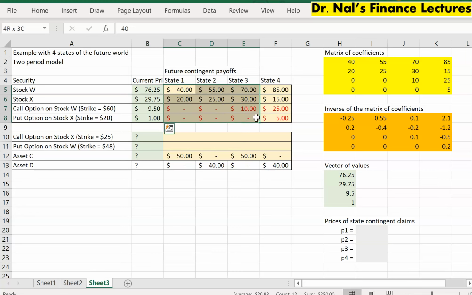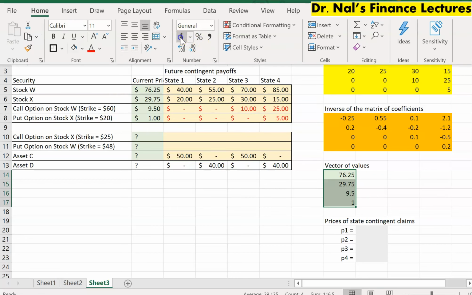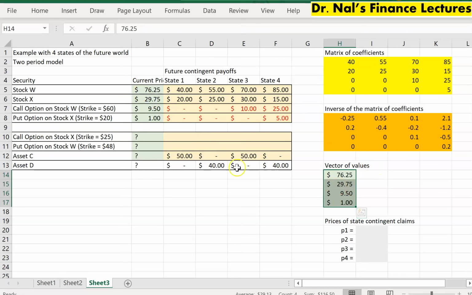I didn't change any of the numbers here. All I did was revise these numbers. Because I didn't change any of these numbers, they are still the same in the matrix of coefficients. Its inverse will be the same. The only thing which changed is the current prices of these 4 securities. So as a result, I reflected it here. Let me just put a $ sign. Okay, there you go. They are the same numbers, as you can match.